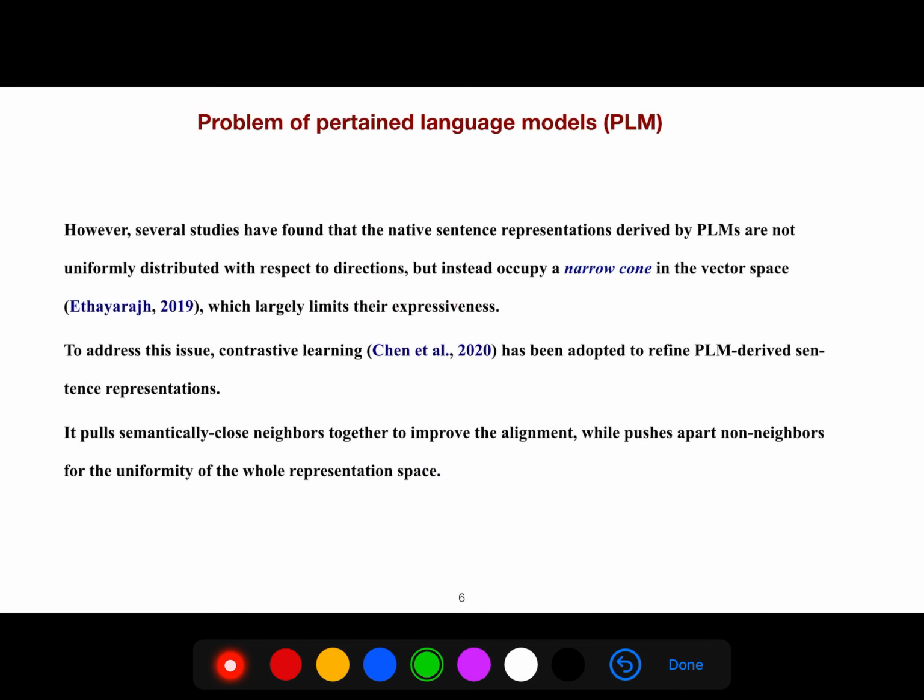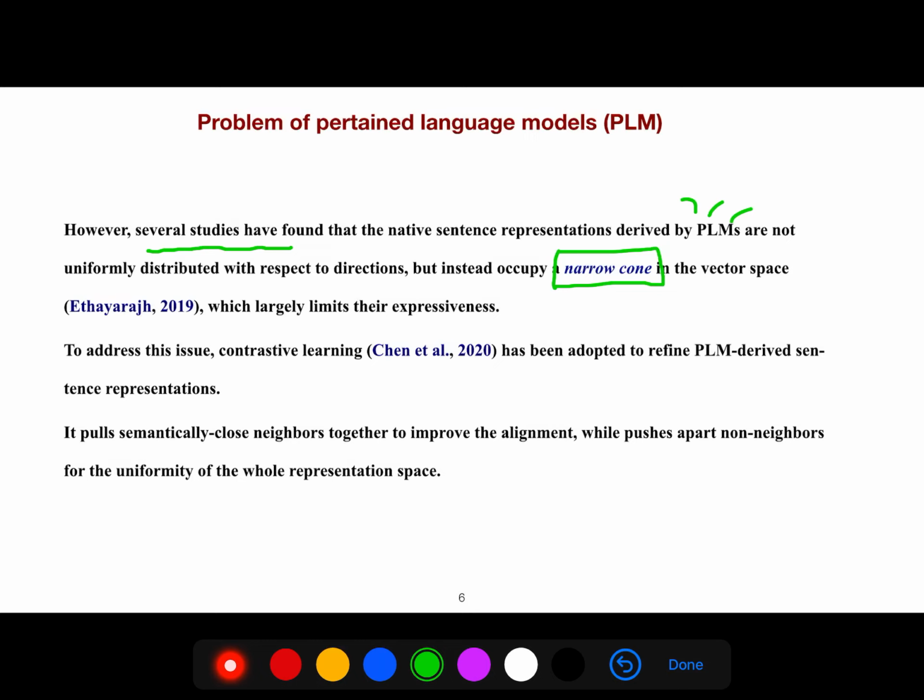So what is the problem with pre-trained language models? Several studies have found that native sentence representations derived by these pre-trained language models are not uniformly distributed with respect to directions, but instead occupy a narrow cone in the vector space, which largely limits their expressiveness.